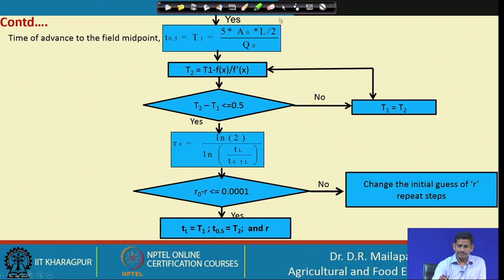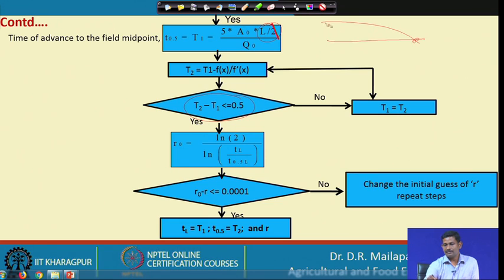For x equal to L by 2, okay, and then same T 1, T 2. So, one at the field end, the other one at x by 2, L and L by 2. We found T here and we want to find T here by substituting x equal to L by 2.